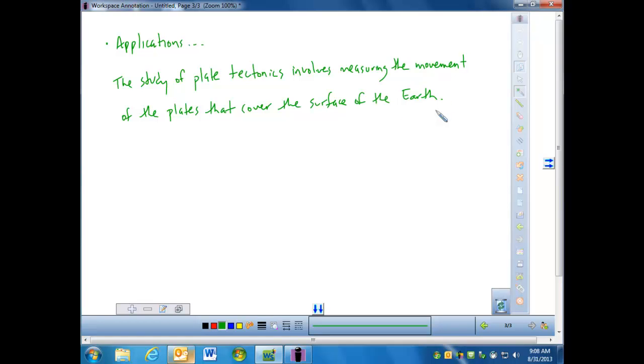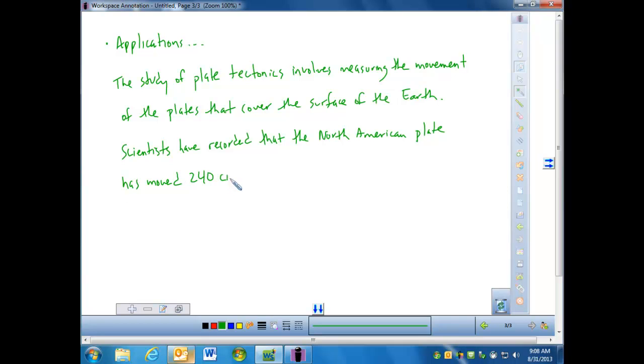The information I'm going to tell you is that you've recorded that this plate has moved 240 centimeters over the last 140 years. A very simple application would just be, what is the average rate that the North American plate has moved during that time? And so how would you go about doing that?